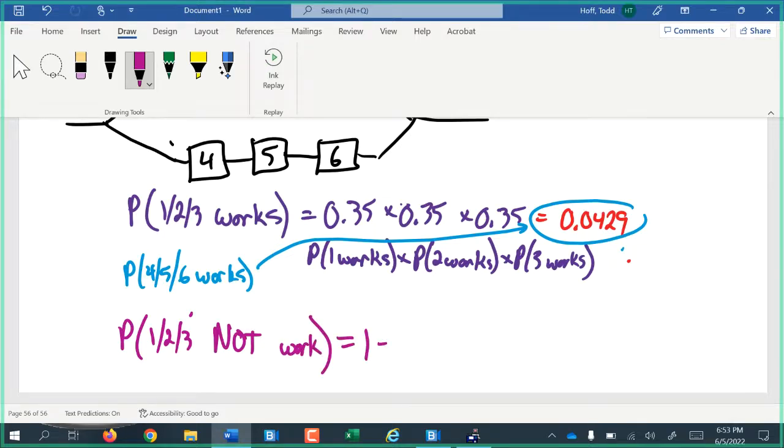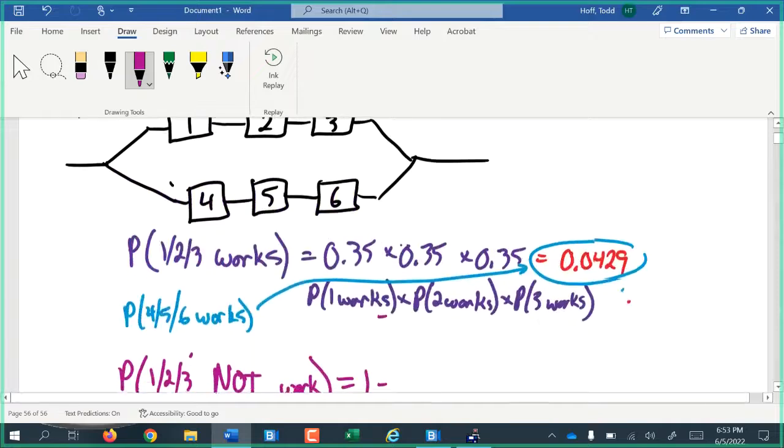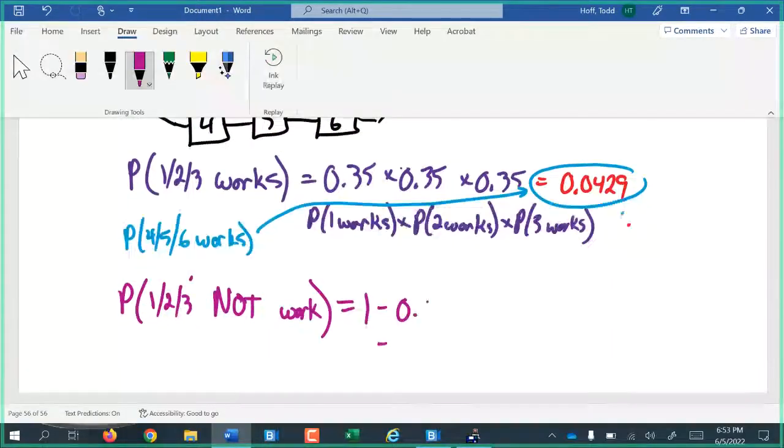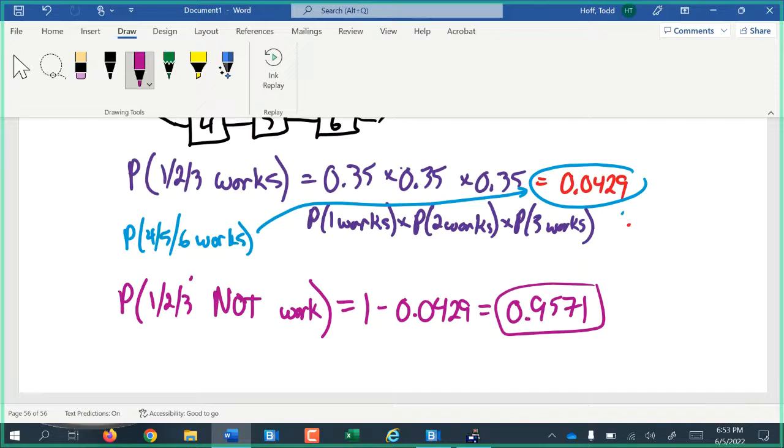So 1 minus 0.0429, giving us 0.9571 is the probability that a single branch will not work. And of course, that is the same as the probability of the 4, 5, 6 one not working, because they're identical.